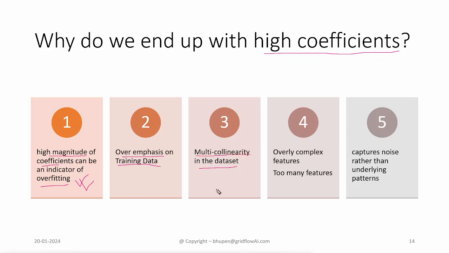Multicollinearity can also be the reason for high coefficients. Overly complex features like polynomial features, nonlinear data, too many features can also be the reason. Capturing all the noise in the data's underlying patterns can also lead to high coefficients.